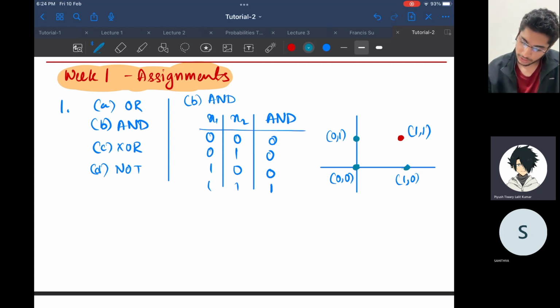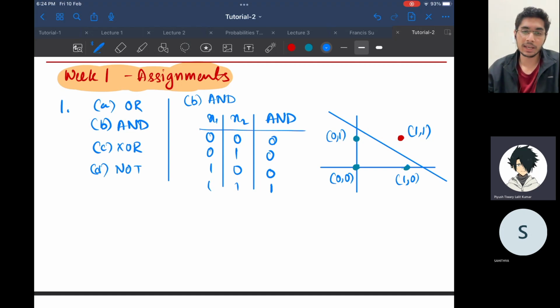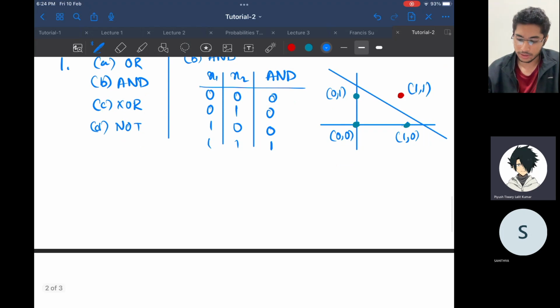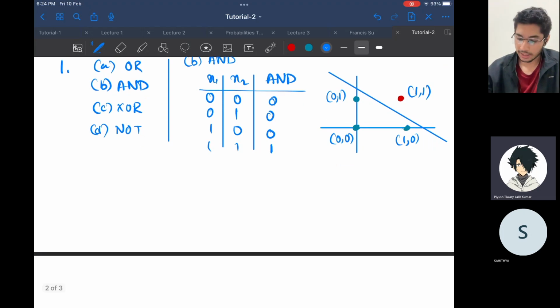Now we can see that this function is linearly separable. You can draw a line like this that separates the two labels, and since any linearly separable function can be learned using the perceptron algorithm, the AND function can be learned.